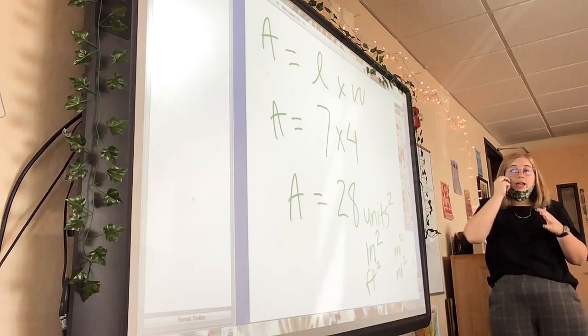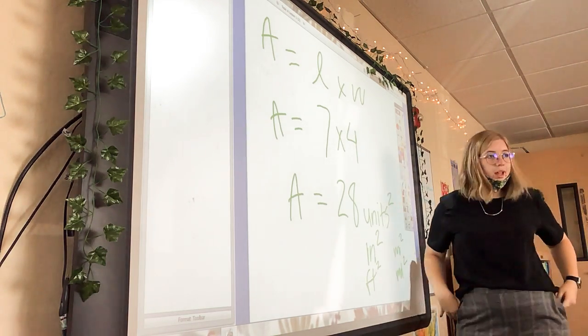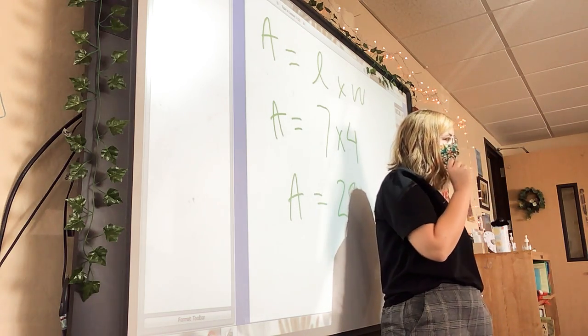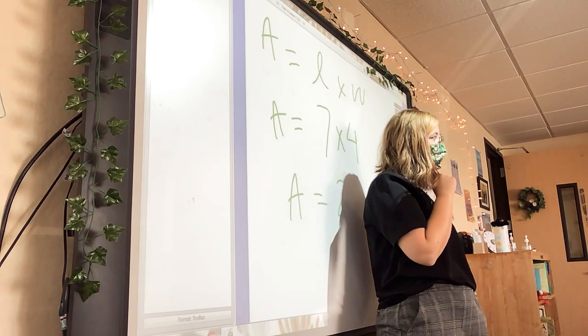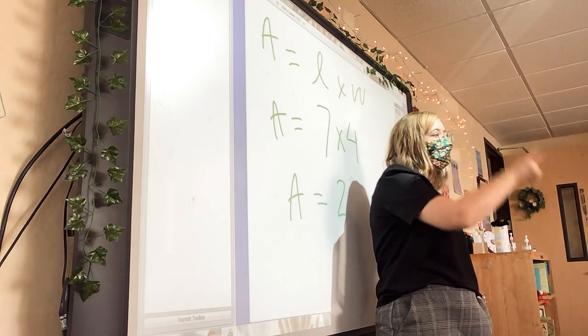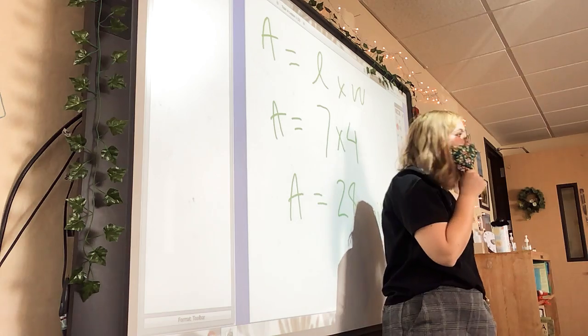Any other questions on area and perimeter? No. All right. Show me with your hands. Remember the little hand gestures I taught you. Show me what perimeter is. Perimeter, everything on the what? Outside. Class, I was not very confident.